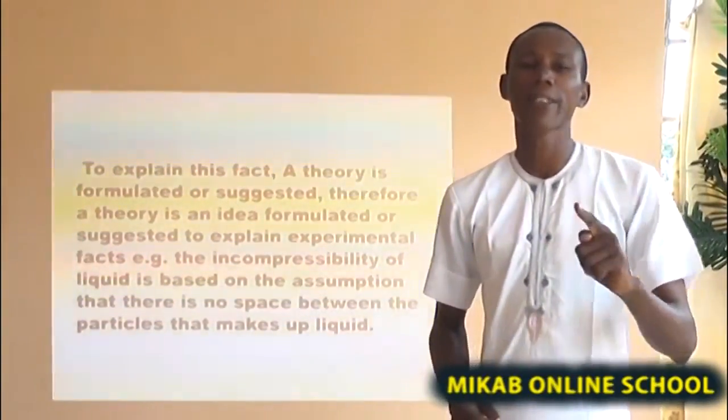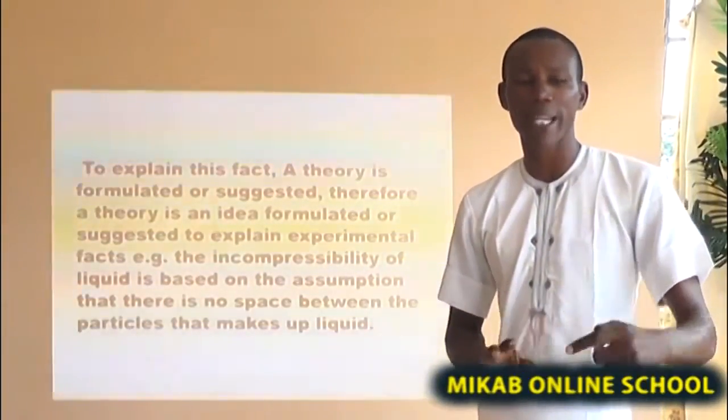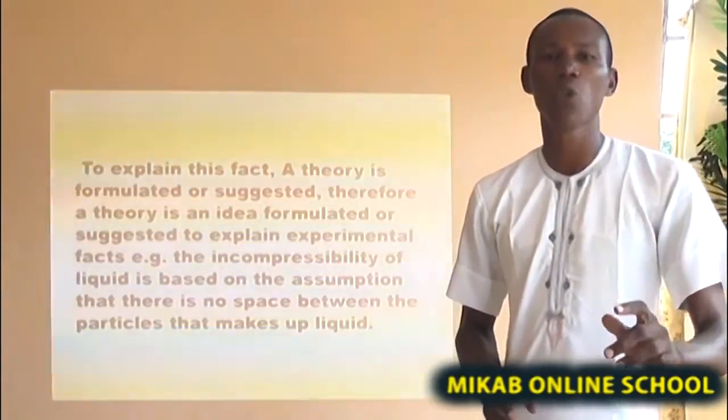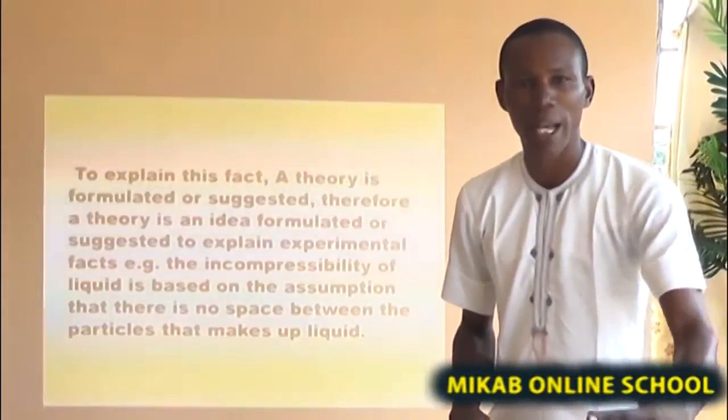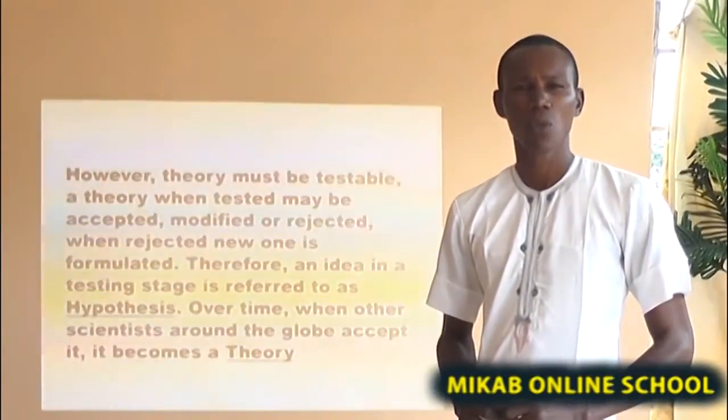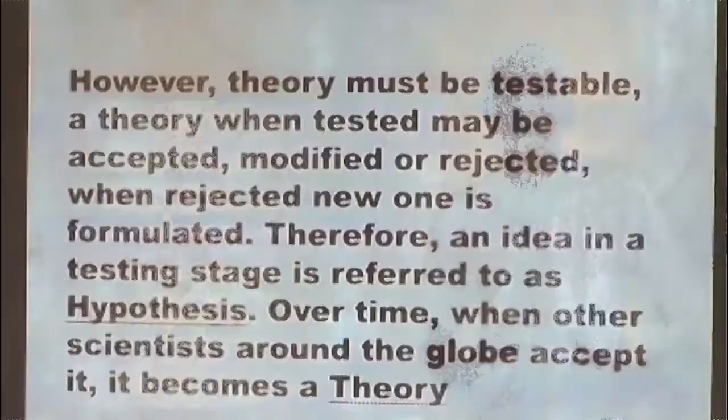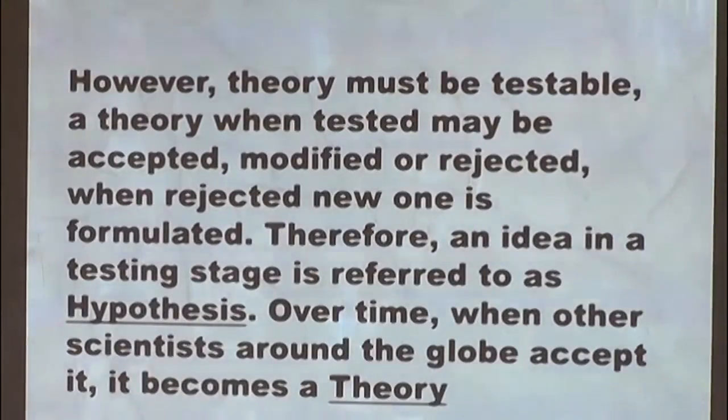Remember that a theory in the stage of testing is referred to as a hypothesis, another step. Of course, a hypothesis will also be rejected or accepted. And this hypothesis will continue over a long period of time.